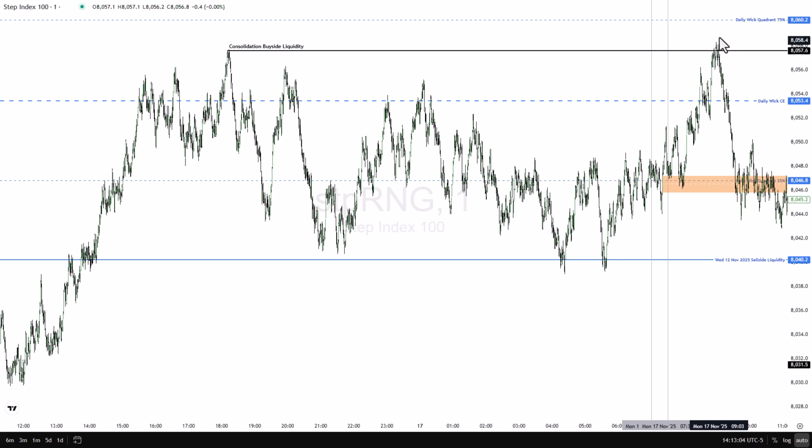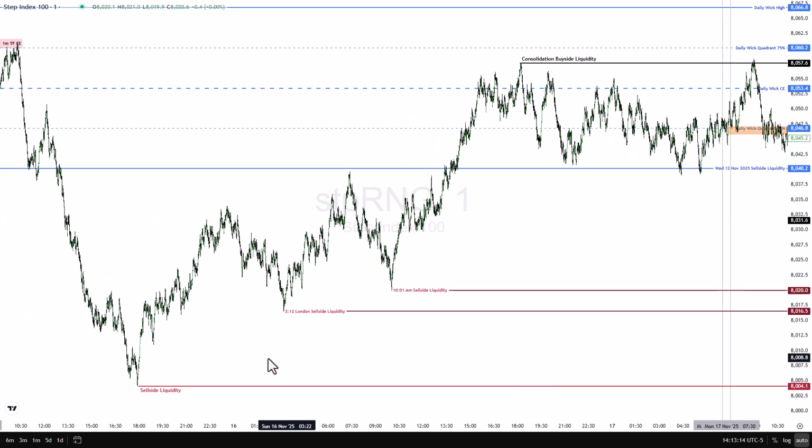We are only going up here to trigger all of those buy stops. Everybody is triggered in going long. Why are they thinking like that? Well, if you recall, we had the 16th of November going up. So when people see these highs being broken, they think that price action is going to continue in going up.